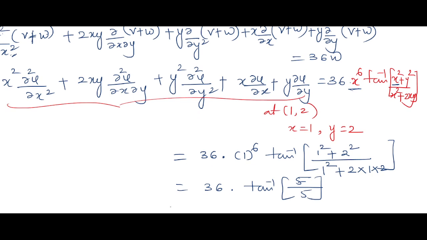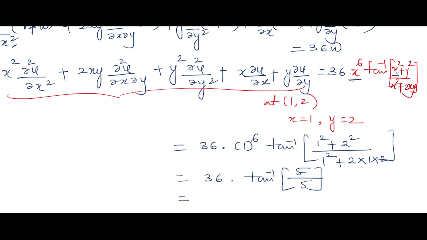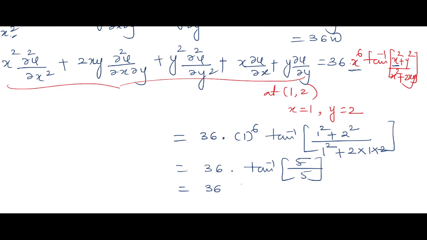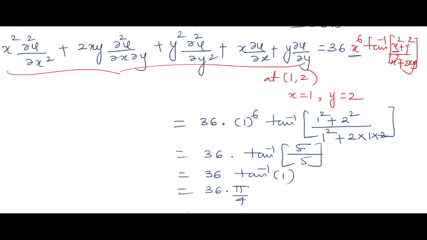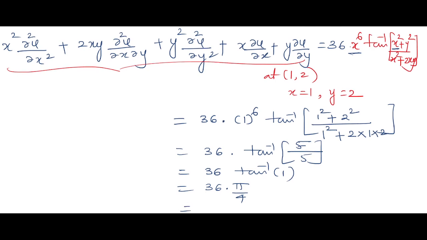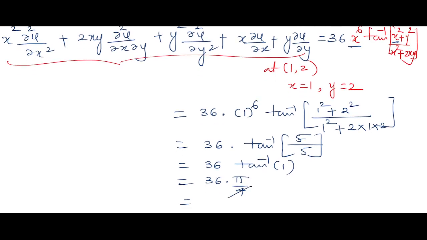So which we will get here as 36 tan inverse of 1, and we know tan inverse of 1 is pi by 4. So 36 by 4, 9 pi is the solution. This is the value of the required partial derivative at (1, 2).